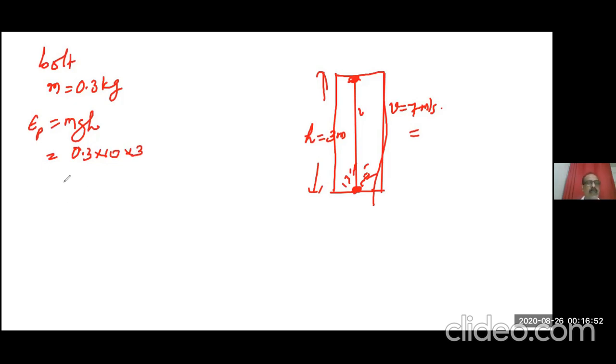So the answer will be 9 joules. This is EP. Now if it comes and hits here, the same amount of energy develops in the form of heat. So heat generated is 9 joule.